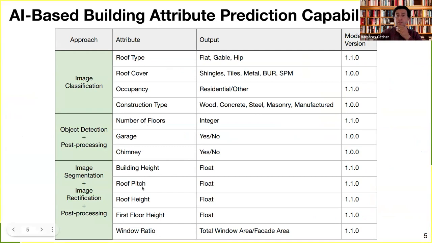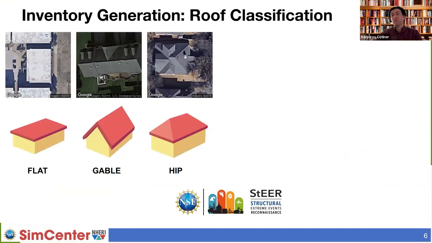You can get attributes that are a little bit more complicated, such as the roof slope, the pitch, first floor height or elevation, or window density, the ratio of the windows to the rest of the facade area. So there are plenty of attributes you can obtain through imagery, and Braille's provides capabilities to do this in an automated manner.